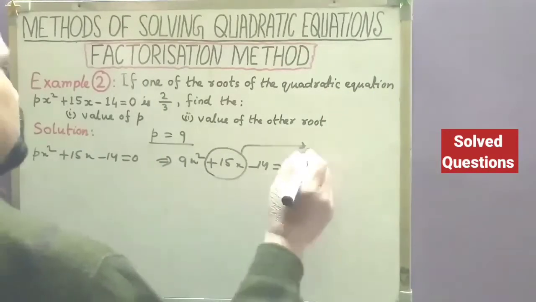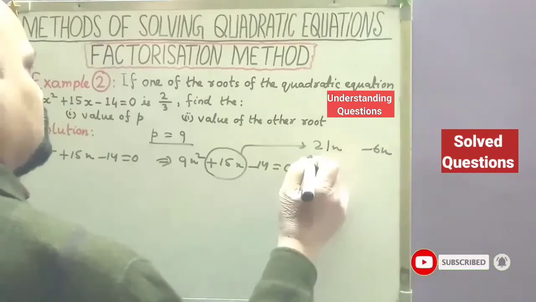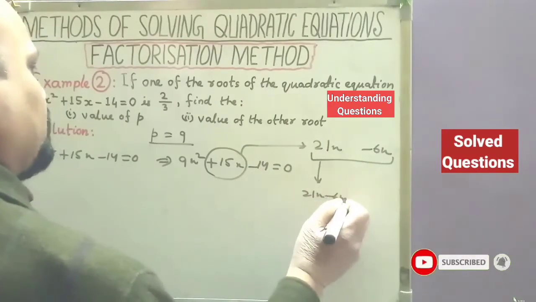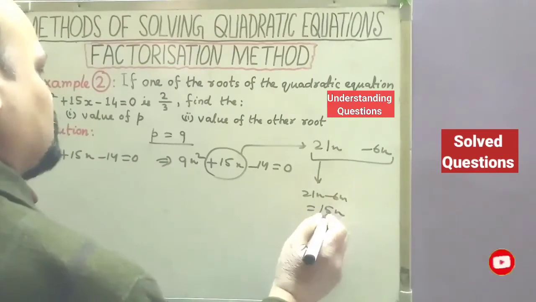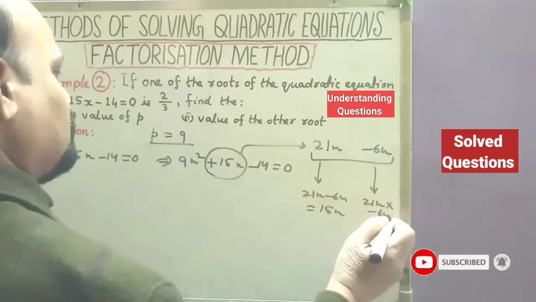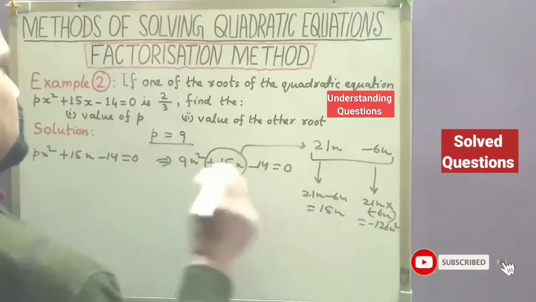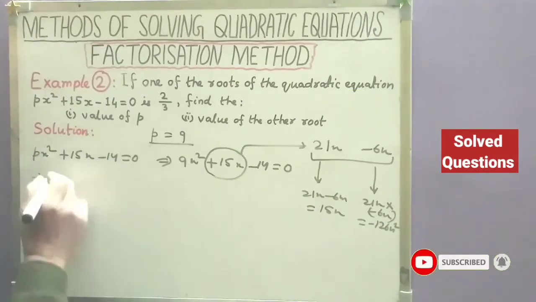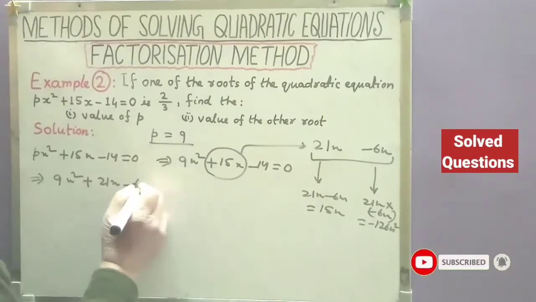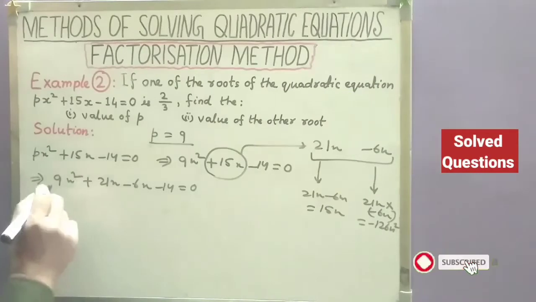Split the middle term plus 15x into two terms, 21x and minus 6x, such that their sum equal to 15x, which is the middle term itself, and their product is equal to minus 126x square. That implies that 9x square plus 21x minus 6x minus 14 equal to 0.